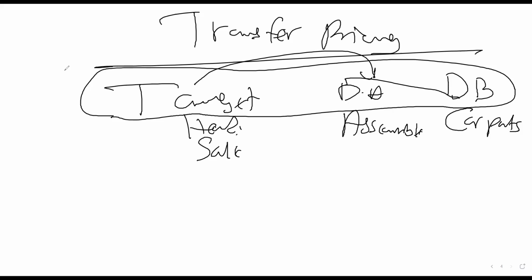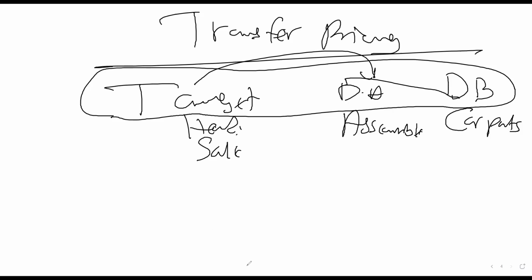So meaning there will be no margin? Good, that's a good question. There will be a margin, but the margin won't be like at market value. The margin won't be like somebody you don't know. So that's the transfer pricing.